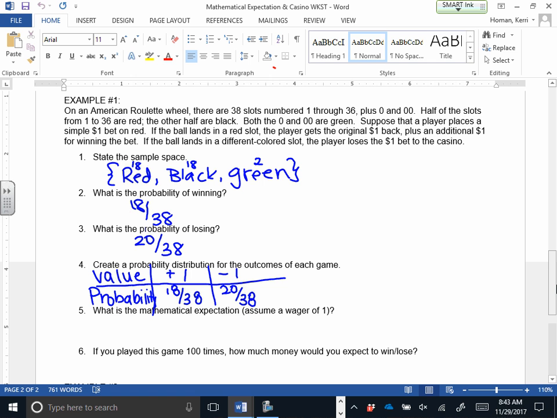So if we want to talk about the mathematical expectation, and you'll see that I'll call it E, the mathematical expectation and the expected value are interchangeable. What we're going to do is take the value times the probability for each scenario, and then add all of those products together.